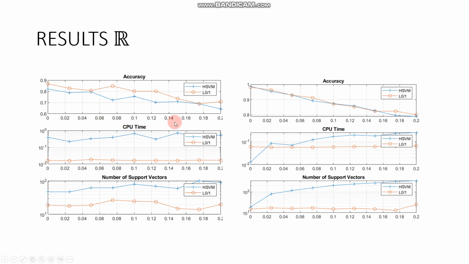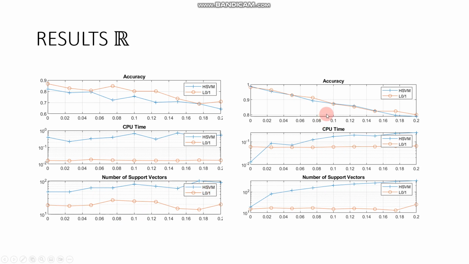This is the outlier ratio here given, and even as we increase the outlier ratio, we still have our L01 SVM performing better. And at the same time, while having a high accuracy, we also have lower CPU time, which is another important parameter, and also we have a small number of support vectors compared to HSVM, which is also good because this is the memory efficiency property of our brand new SVM.